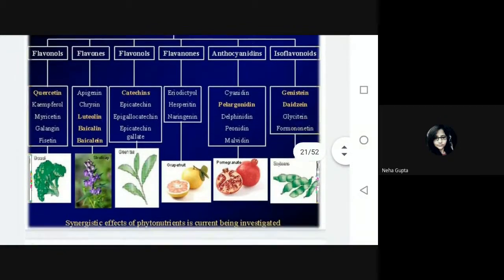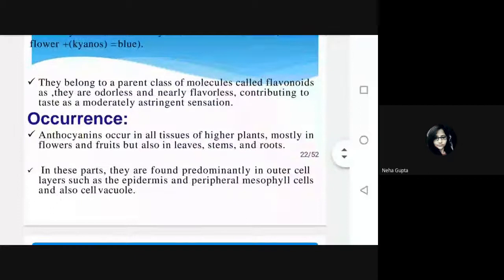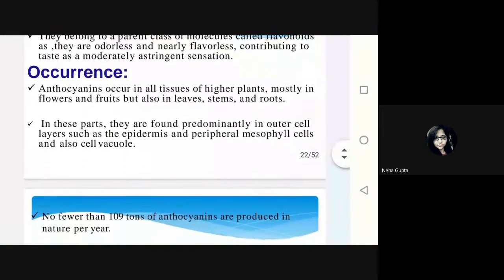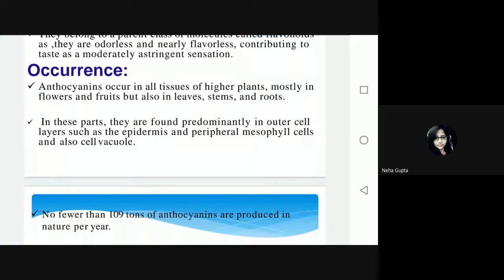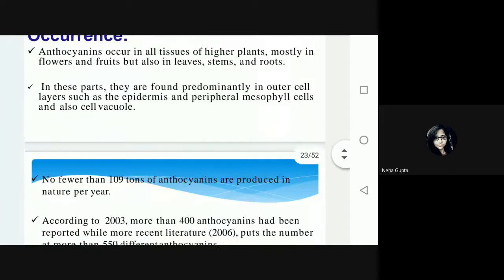They are odorless, flavorless, and have a moderate astringent sense. They occur in almost all fruits and vegetables, but the quantity varies. Depending on the color you perceive, you get an indication of whether the anthocyanin content is more or less. Is that fine?